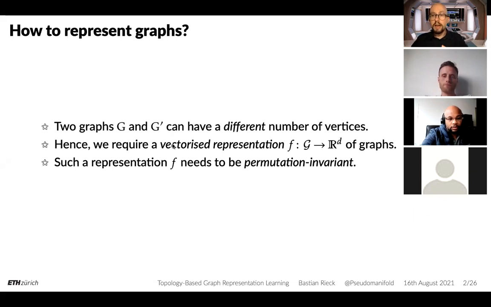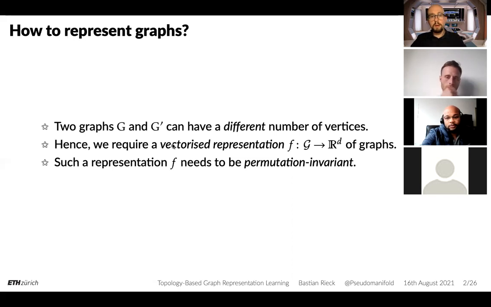So in contrast to many other areas of machine learning, we can't just represent them with a fixed feature vector, but we have to come up with something better, or rather we have to learn some kind of vectorized representation, F, that takes a graph G from the space of all graphs and outputs a vector in some high dimensional space. Because otherwise we're not able to address the learning task. Of course, we could be using something like set functions, but in general, we need some kind of vectorized representation. We need to be able to handle the differences in cardinality of graphs.